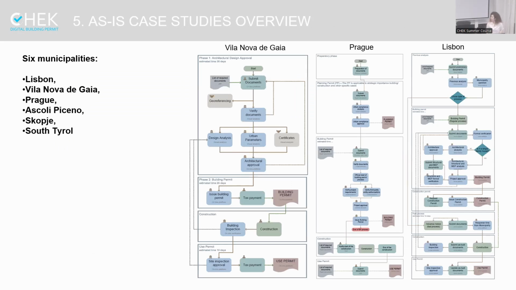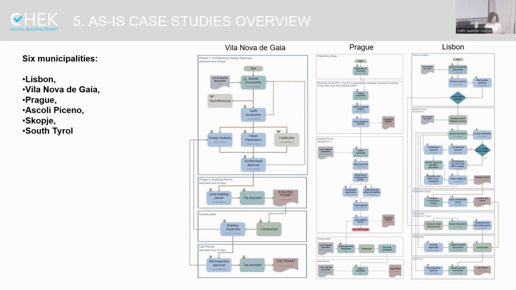So what you see here are three process maps. These are actually the condensed process maps from three of our municipalities, from Vila Nova de Gaia, Prague, and Lisbon. This is how the condensed process map looks like. In total, we mapped the as-is process maps from Lisbon, Vila Nova de Gaia, Prague, Ascoli Piceno, Skopje, and South Tyrol.